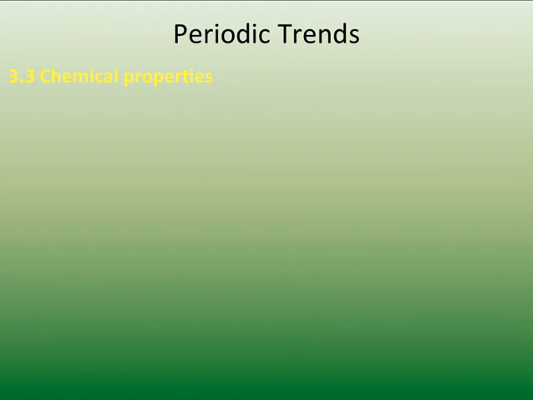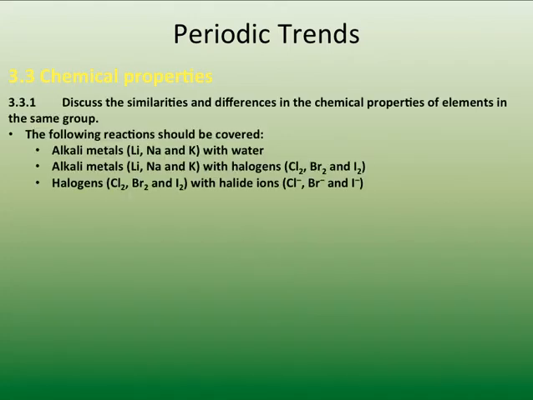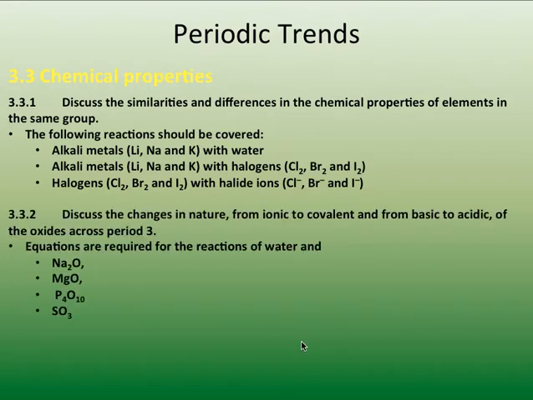Okay, we're going to start the periodic trends talking about chemical properties with just a little bit of a review, or at least I hope it is. So we're going to talk about the similarities and the differences with the elements with some of these reactions: alkali metals with water, alkali metals with the halogens, and then halogens with halide ions.